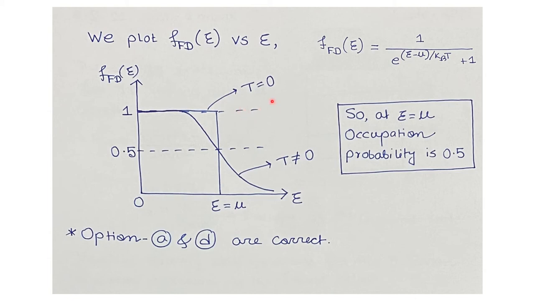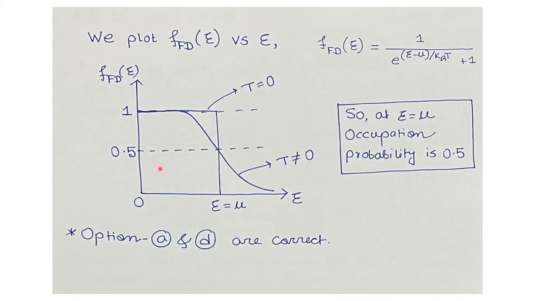It means all the fermions will be accommodated at the energy levels less than the chemical potential for T equal to 0 Kelvin. But for T not equal to 0, the plot will be a decreasing function of energy. Physically, this means some fermions will be thermally excited at energy levels higher than the chemical potential.